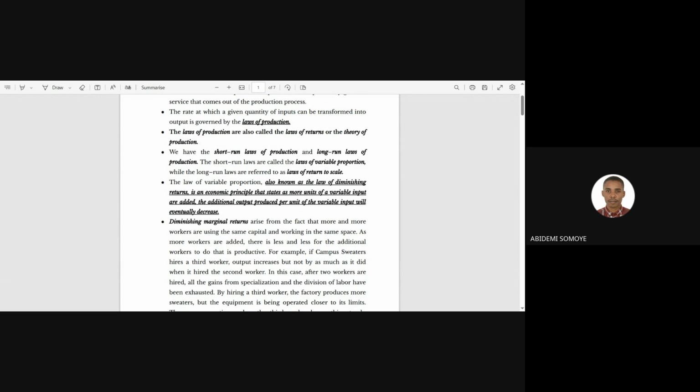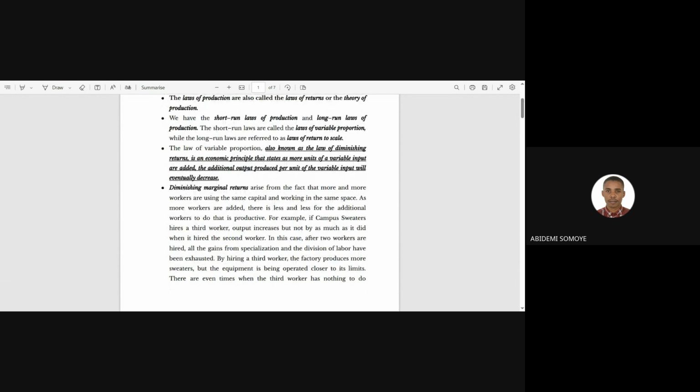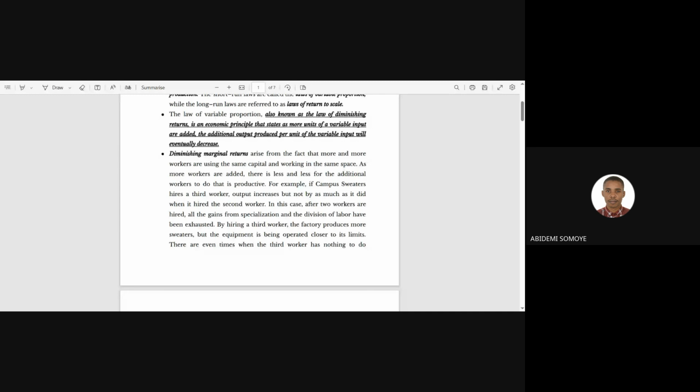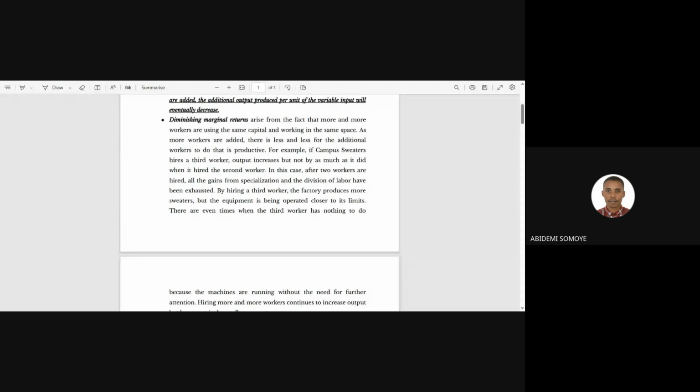Diminishing marginal returns arise from the fact that more and more workers are using the same capital in the same space. As more workers are added, there is less and less for the additional workers to do that is productive. For example, if Campus Sweaters hires a third worker, output increases but not as much as it did when it hired the second worker.